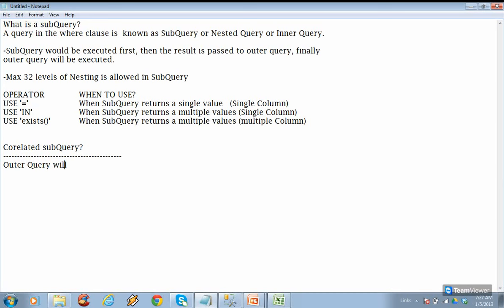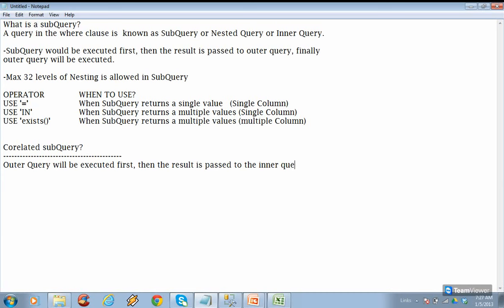The outer query is executed first, then the result is passed to the inner query.